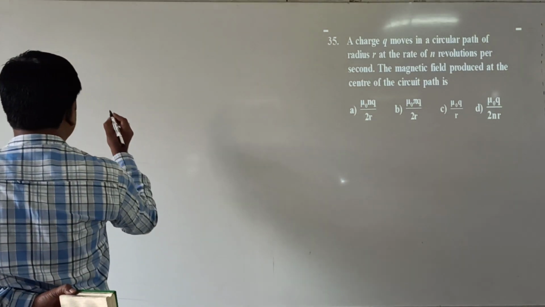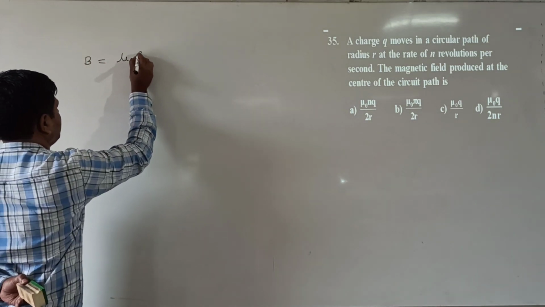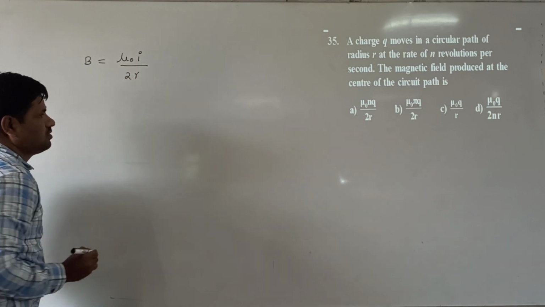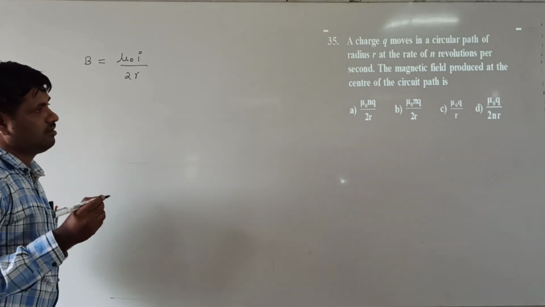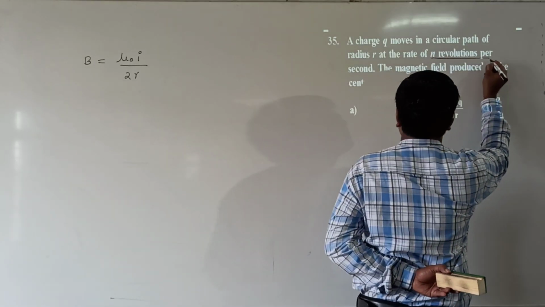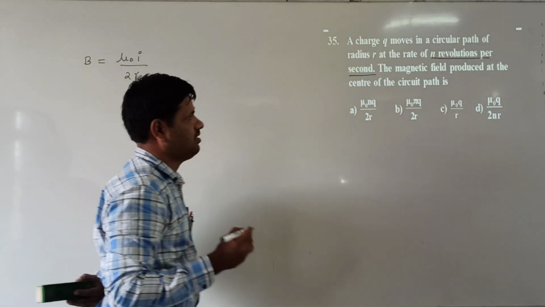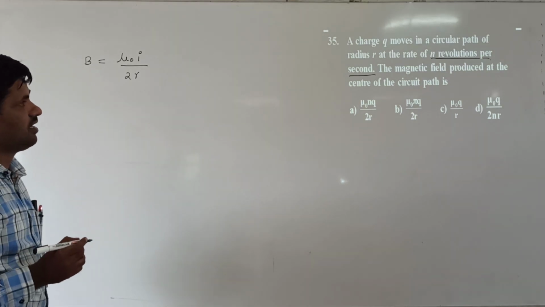Now the magnetic field at the center of the circular path, we know that B is equal to the formula mu naught I by 2R. Here n revolutions per second is given, which is nothing but the frequency.